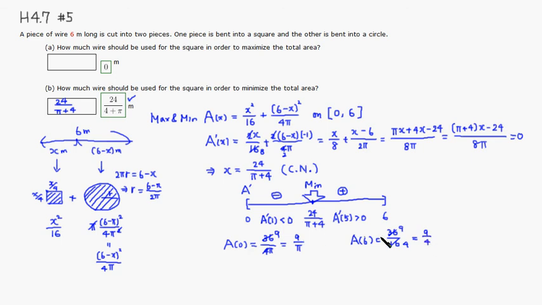So you have the same numerator, and pi is 3.14. This is 4. So you can see that this is larger. So you have a maximum here, right? So we're going to use actually no wire for the square to maximize the combined area, right? That's the right answer, right? That's it. I hope that this was clear.